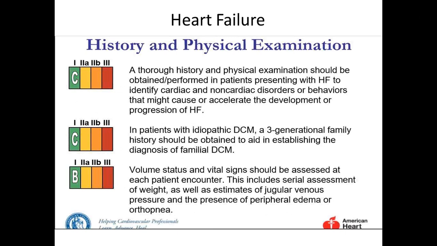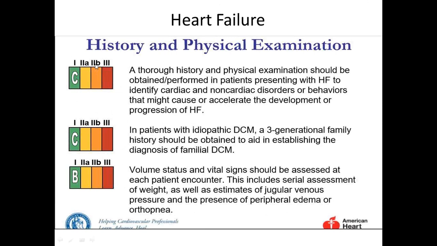Once you take your history, you do your classic physical examination, you need to know what to do with it. Okay, so I'm going to go over this classification or this system because you have to know it, get familiar with it.